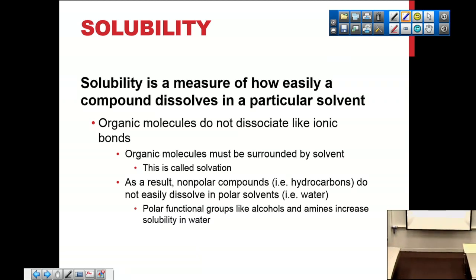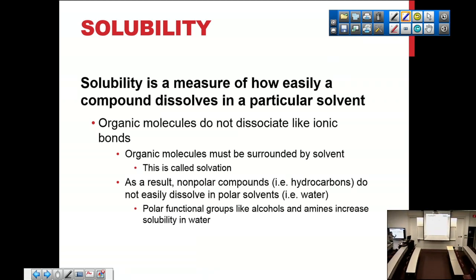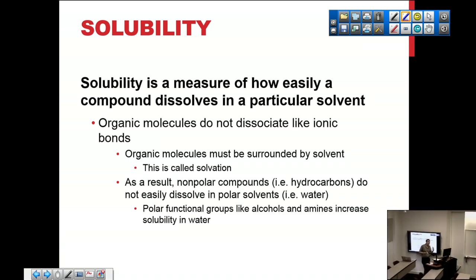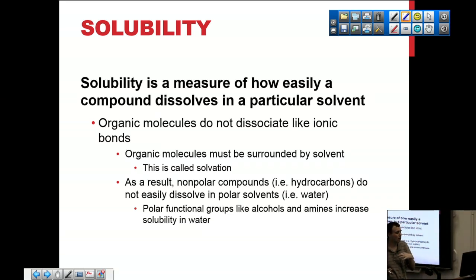Non-polar compounds like to be dissolved in non-polar solvents. So, as a result of this, non-polar compounds like hydrocarbons don't dissolve in polar solvents like water. Right? This is why oil and water don't mix. This is why you have to shake Italian dressing before you use it, because the oil and water separate and they don't mix.